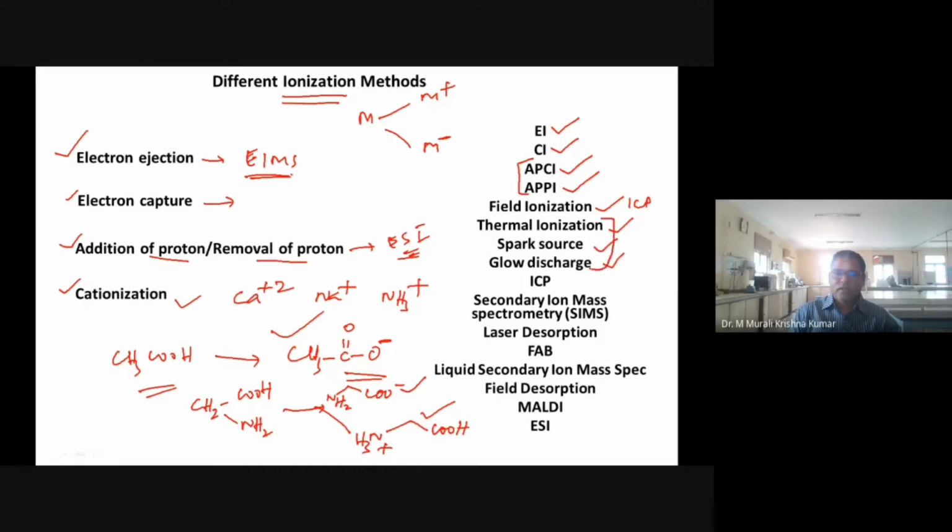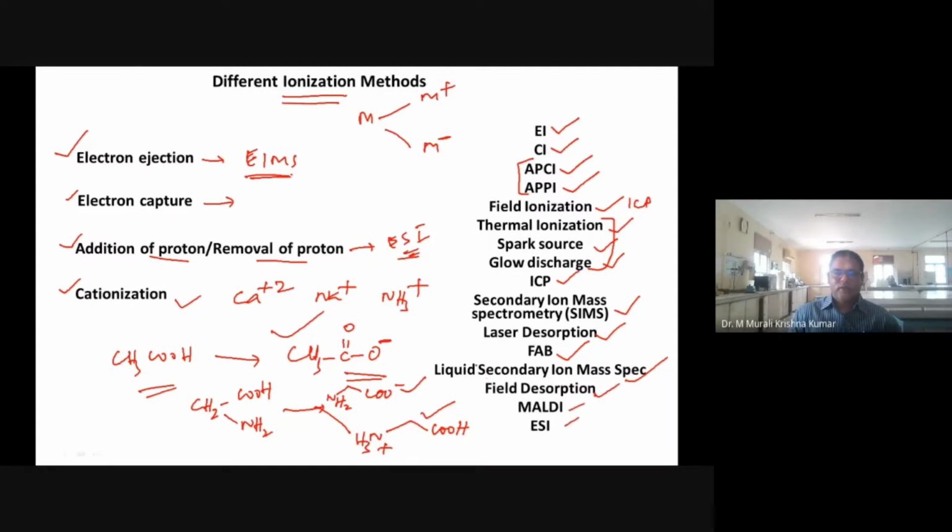In these three, direct energy is used, ICP-MS. And then secondary ion mass spectrometry is where we use an already charged ion to ionize the drug molecule. We will see in detail regarding very important techniques. Okay, don't worry. Laser desorption, like in case of MALDI, fast atom bombardment, and then liquid secondary ion mass spec, field, again it came, field desorption, MALDI, ESI.